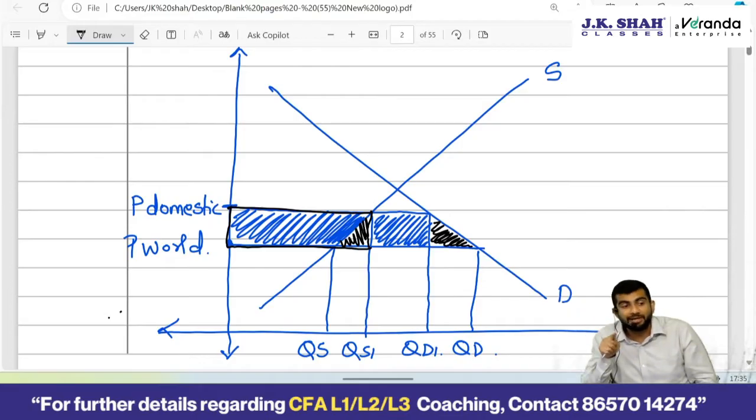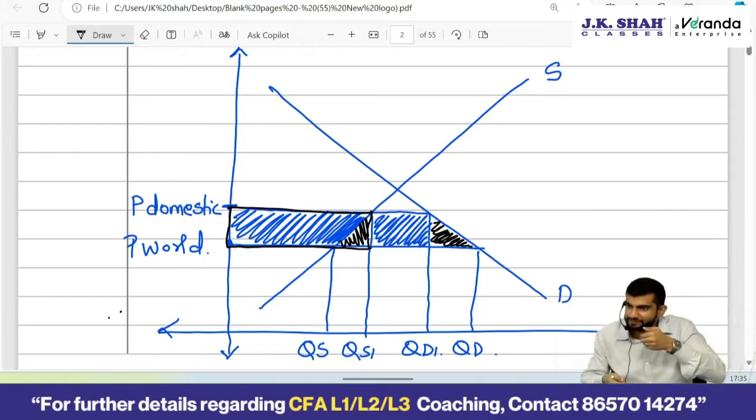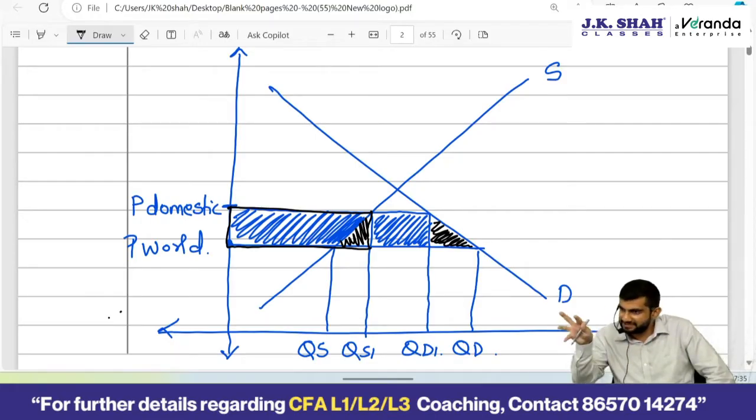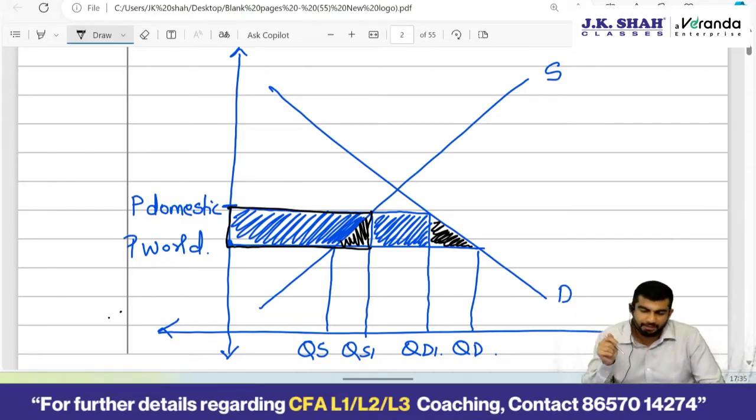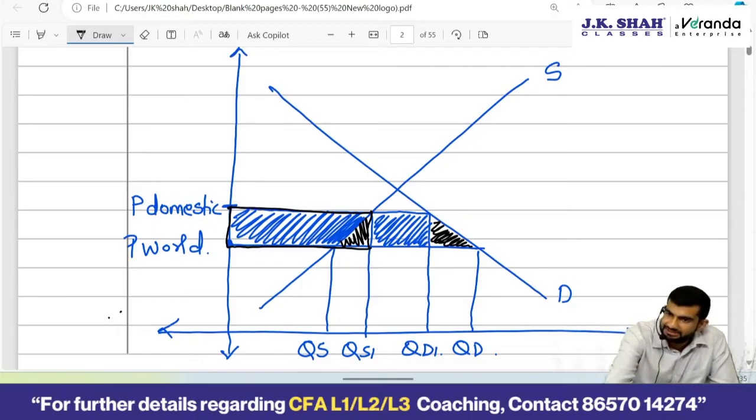In case of quota, either the exporting country can benefit when they capture the quota rents, or the importing country can benefit when the government decides to impose license fees and capture the quota rents. Okay, very critical concepts to know. Testable. Fine. Okay. Any doubts in this concept?